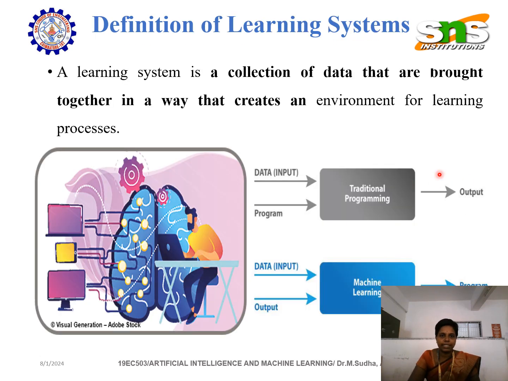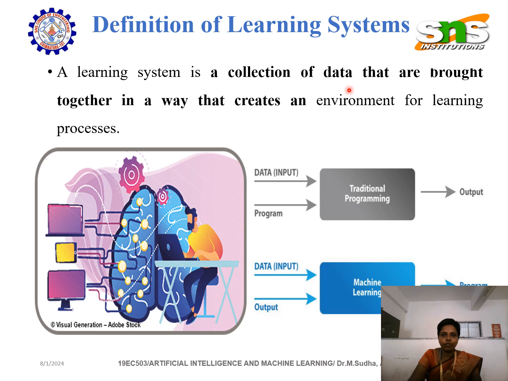definition of a learning system. A learning system is a collection of data that are brought together in a way that creates an environment for the learning process. Usually, what is meant by a system? A system is a device which gets the input, processes it, and delivers the output. Here also, in the learning system, just see picture number 1.